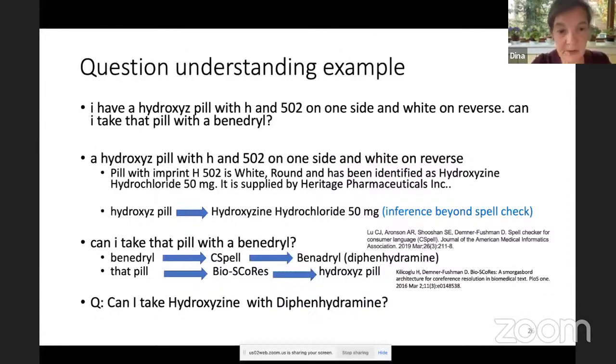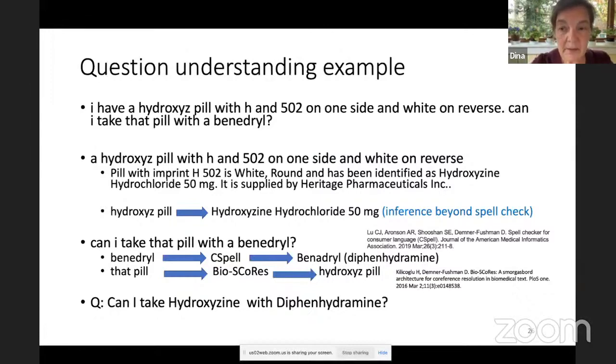So first, our system has to figure out what that description of the pill is and how to link it to a drug name. And right now we don't have a system that can do that. So I actually did a manual search, actually several searches, till I finally figured out that this is hydroxyzine hydrochloride 50 milligrams.